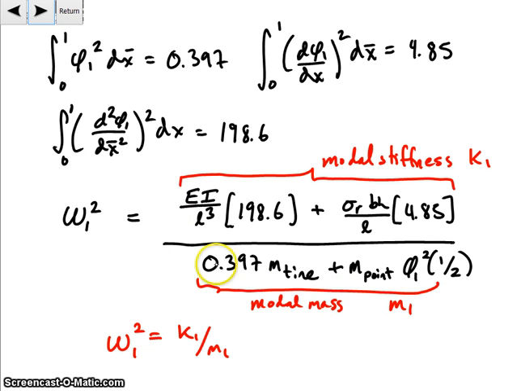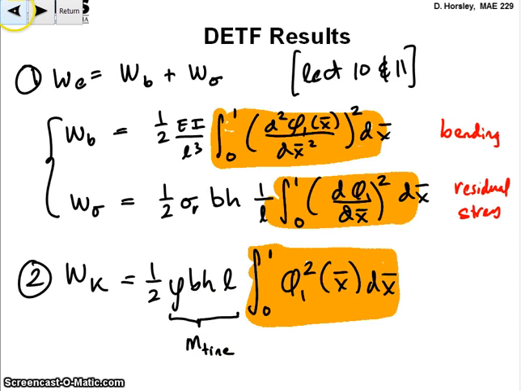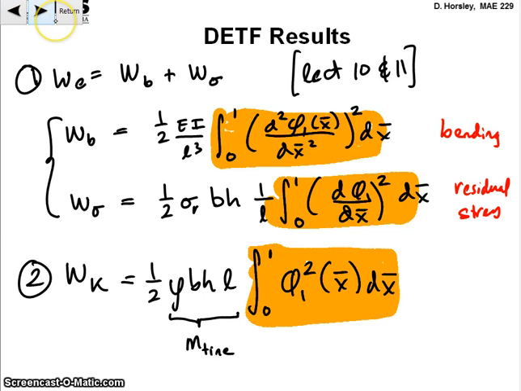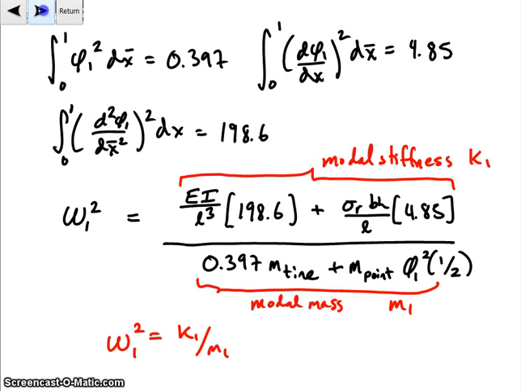And there's no factors of 1/2 here, because when I wrote down the energy calculations, the strain energy calculations, these all have the factor of 1/2, and so that drops out in this analysis. And it turns out that the amplitude of the mode also cancels out. So it doesn't matter which mode shapes we use. They don't have to be normalized mode shapes because they end up in the numerator and in the denominator, and so the amplitude of the mode shape actually drops out.